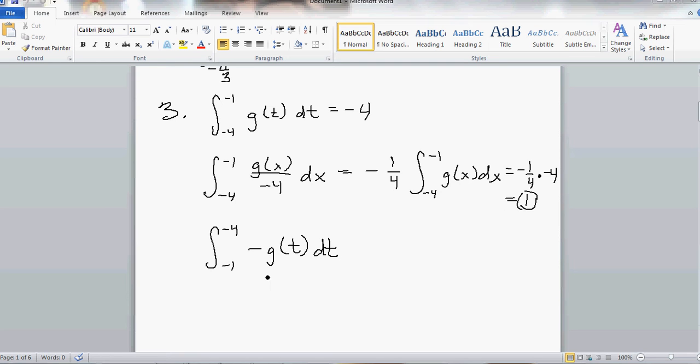Now if we notice the difference here compared to the first one, this is just reversed. How that affects us is, to get this to the -4 and -1, which is what we need, we are going to take the negative of that.